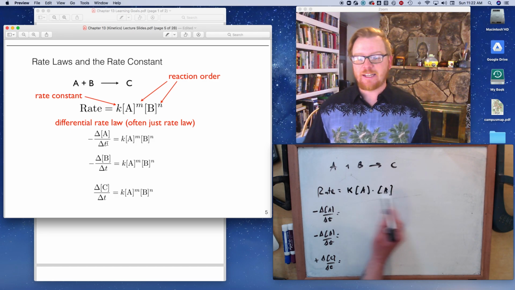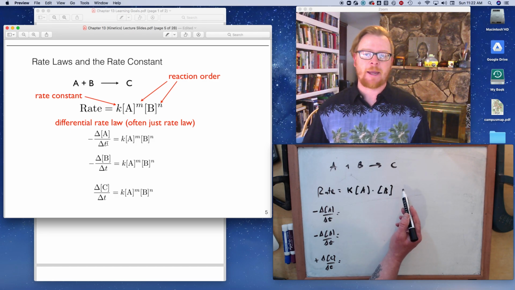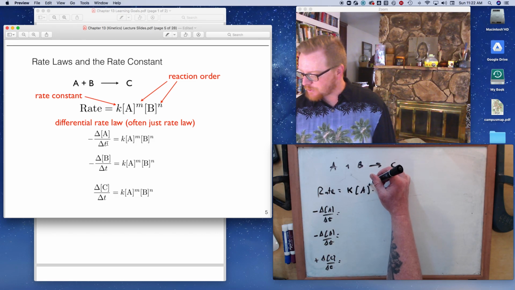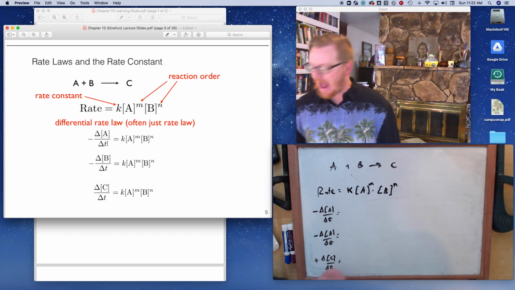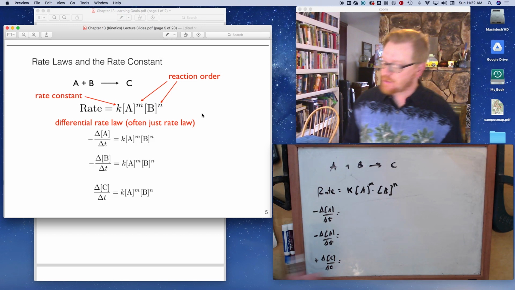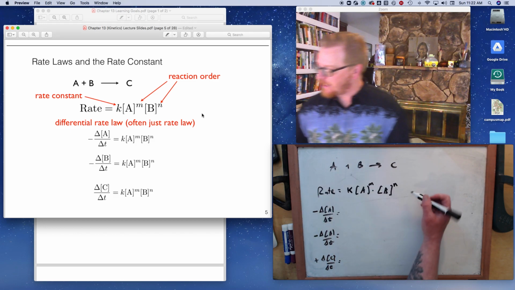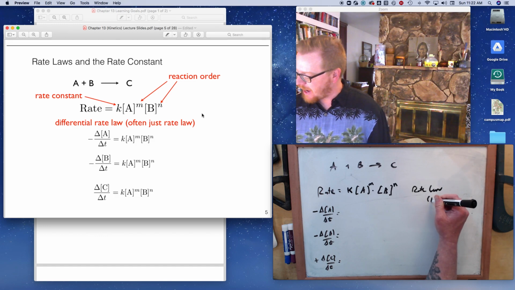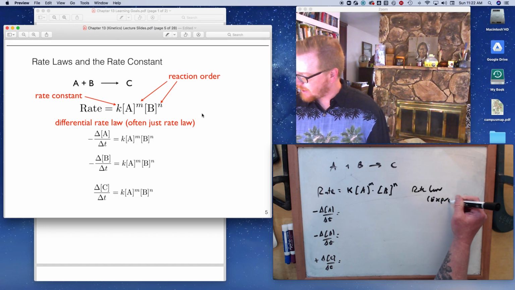So notice I don't have any C in here. It's just A times B. It's all about the reactants. And then we're going to raise those to some power that we call the reaction order. And so this creates our rate law, this equation, or sometimes the rate expression.